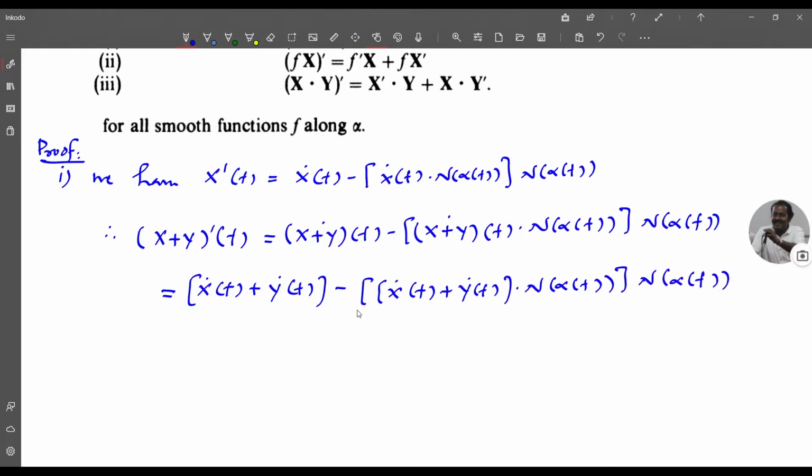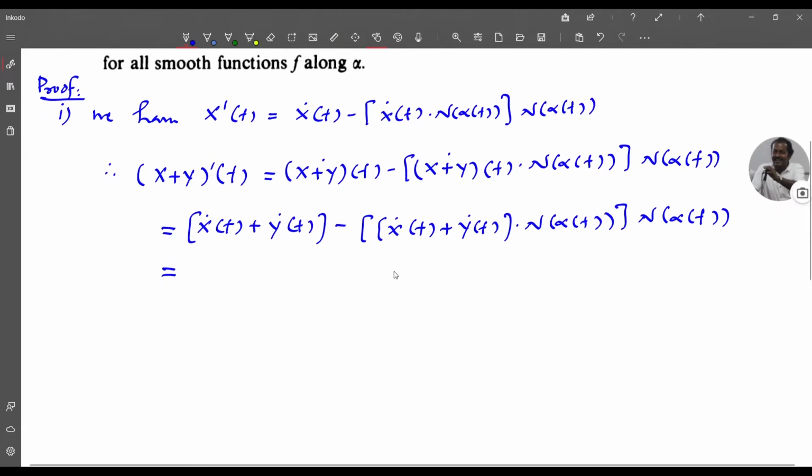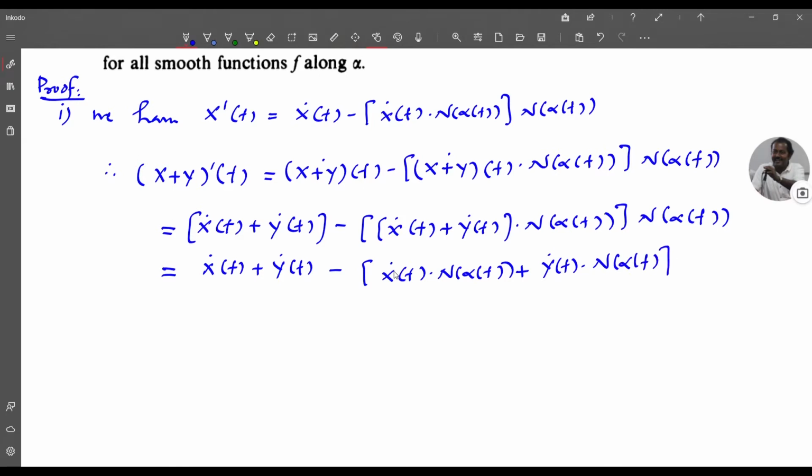So this is equal to x dot of t plus y dot of t minus (x dot of t dot n of alpha of t plus y dot of t dot n of alpha of t) times n of alpha of t.